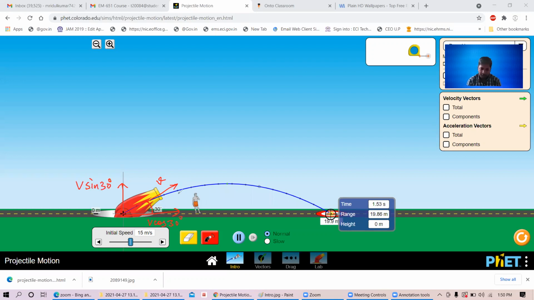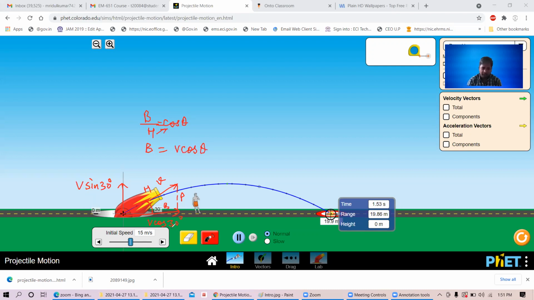How is it being obtained? Using triangle trigonometry. If we say that this is the perpendicular, this is the base, and this is the hypotenuse, then base upon hypotenuse is cos theta. If the hypotenuse is equal to v, then the base equals v cos theta.